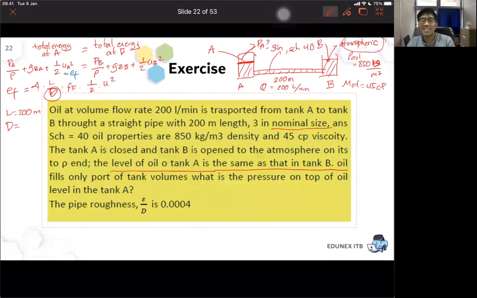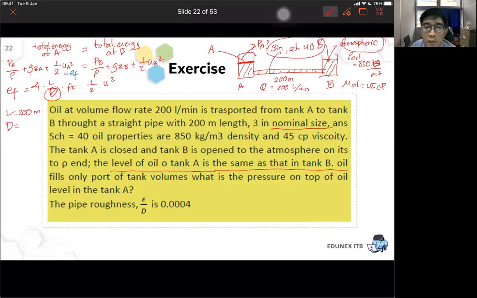Inside. But the question just stated 3-inch schedule 40, right? So this is still the nominal diameter. You have to check the inner or inside diameter of this kind of pipe.